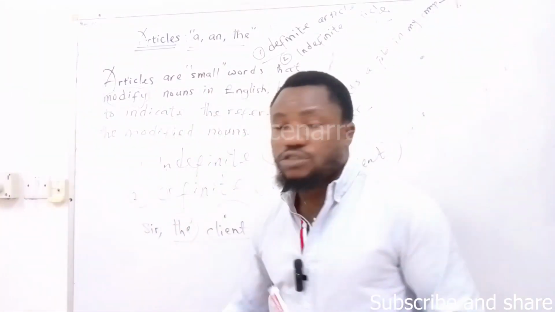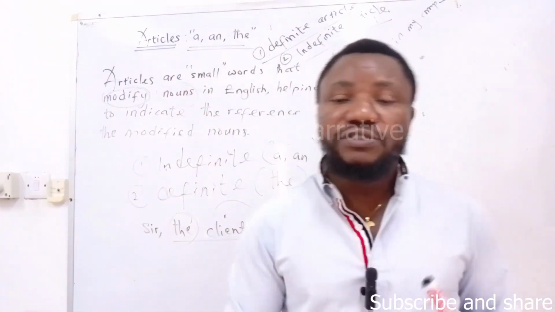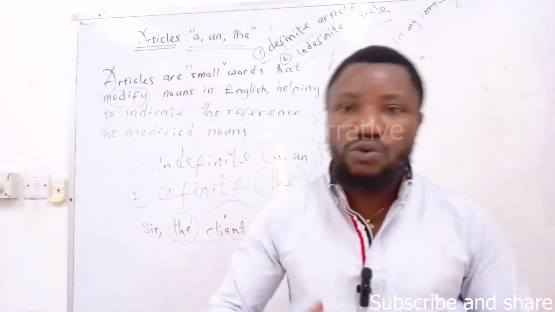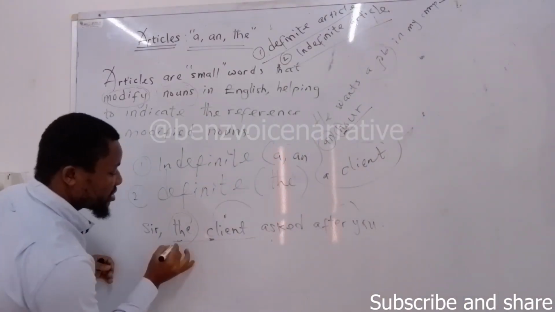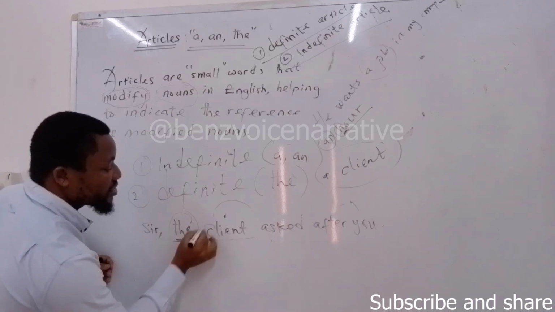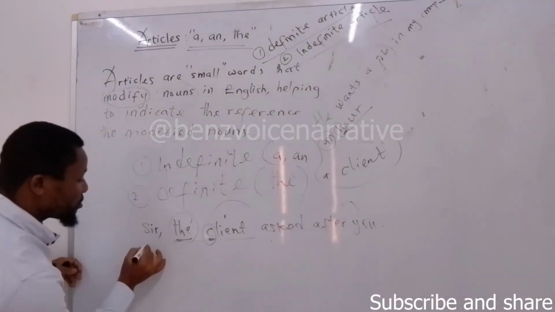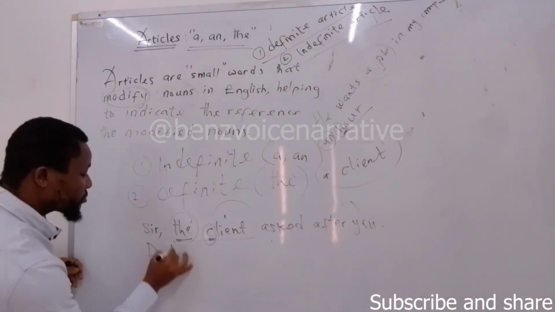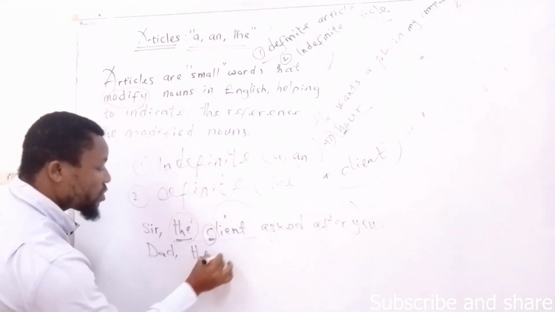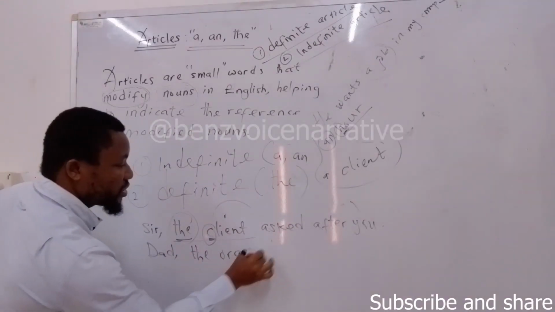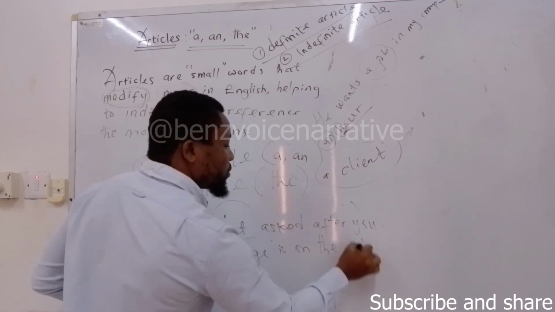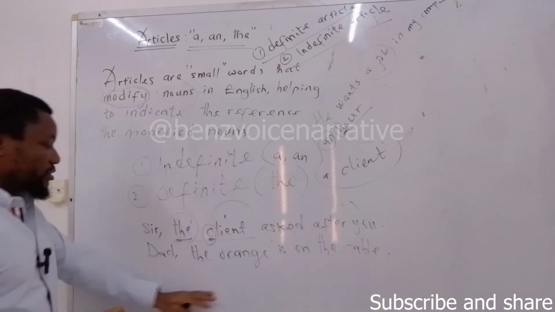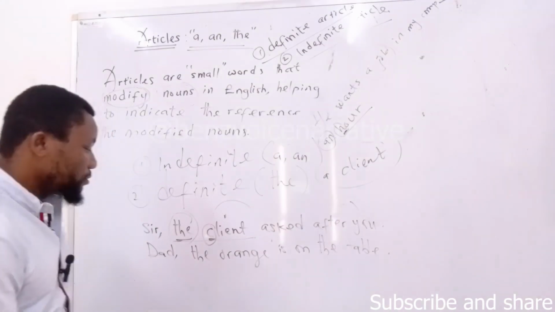Now, the definite article can be used before words that begin with either a vowel sound or a consonant sound. Look at this. The client. This is a consonant sound. Now, if I say, Dad, the orange is on the table. Dad, the orange is on the table.